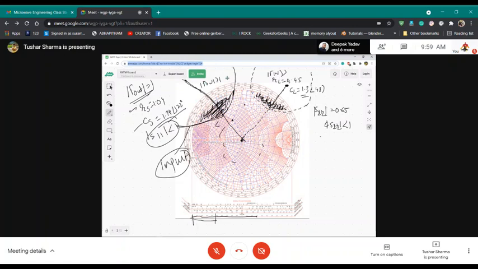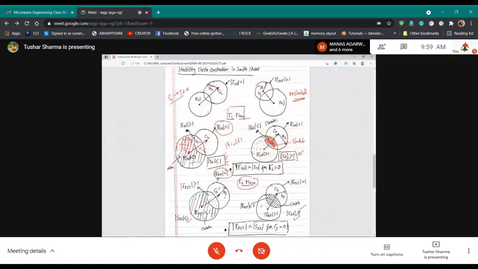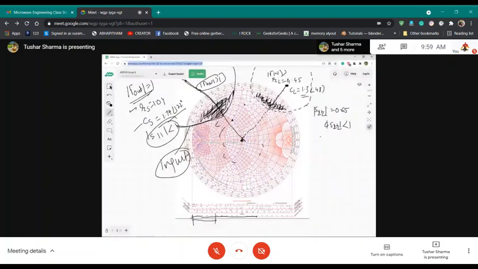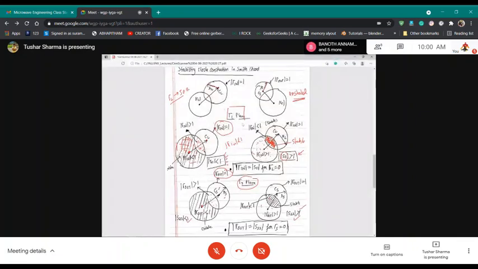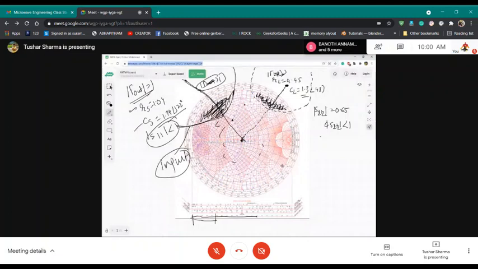Look here, when we plotted the load output stability circle, that is for gamma in equal to 1. When we plotted the source stability circle, that is for gamma out equal to 1. So don't get confused, it's always gamma S is RS CS. You don't even have to write this. Frankly, once you know what your RS and CS is, you go back, check the S11 sign, and depending on that, you can choose which part is stable and which is unstable.